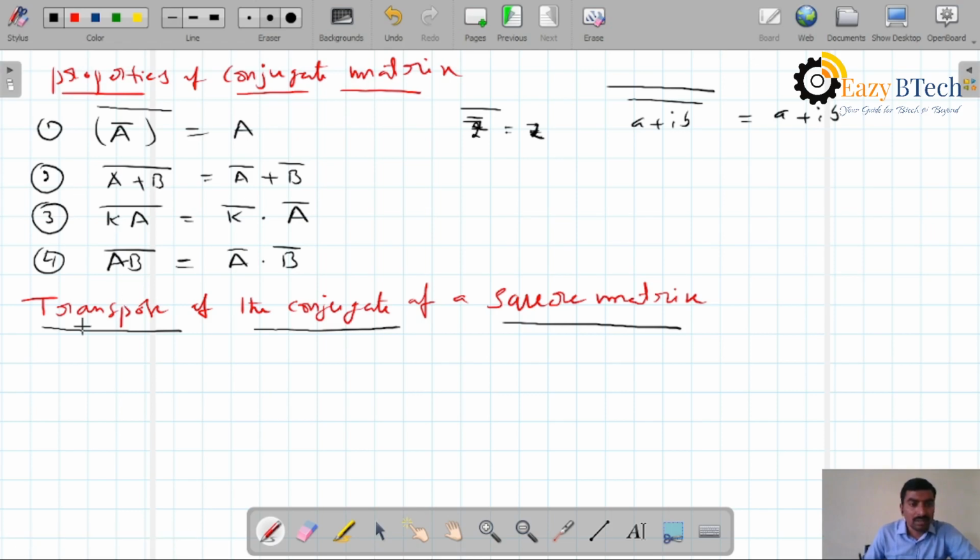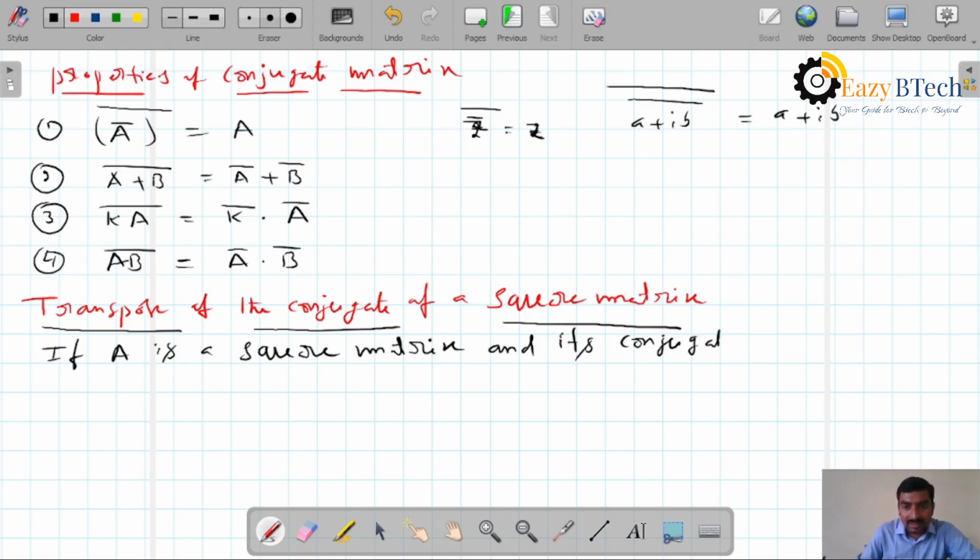So what is the transpose of conjugate of a square matrix? If A is a square matrix and its conjugate is A bar, already we discussed.